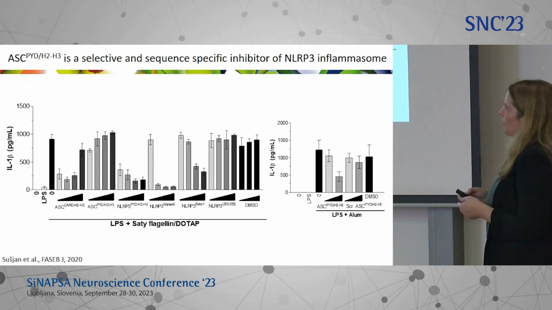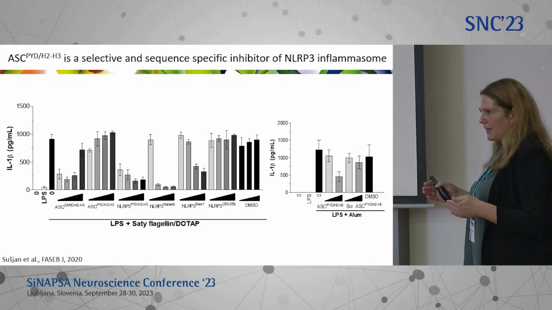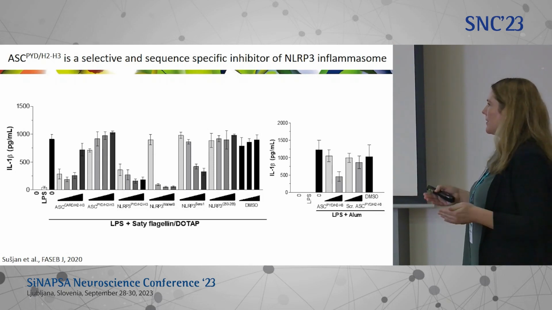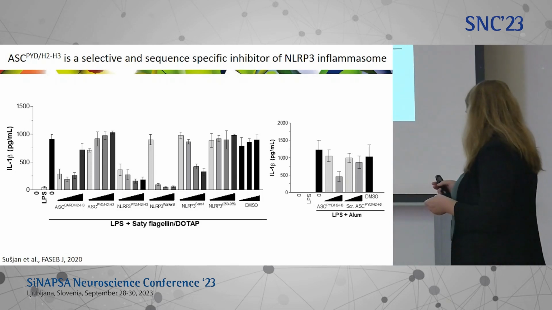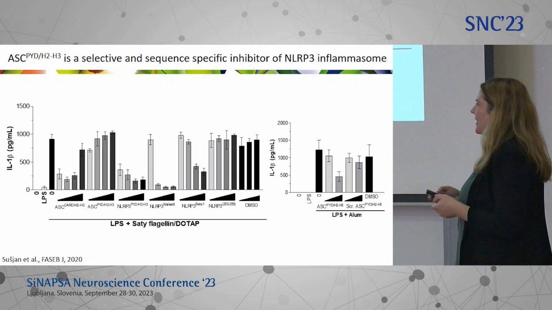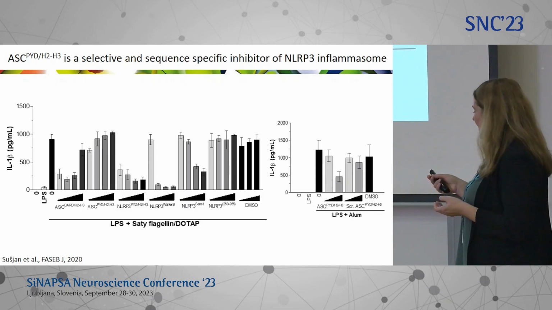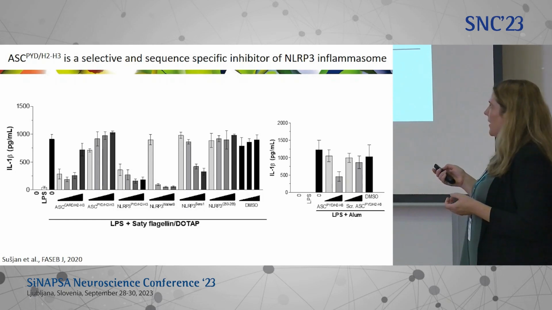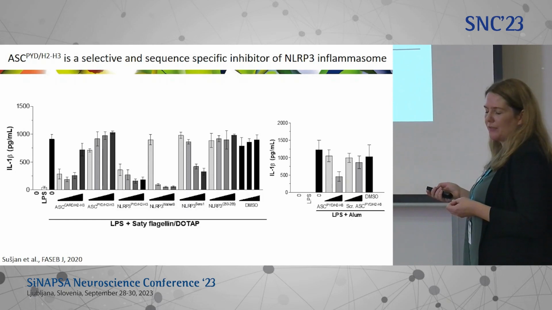Then, of course, for us, it was also important whether these peptides are specific for NLRP3, or they are maybe just broad inhibitors of IL-1 beta release. We were hoping that the peptides that originate in NLRP3 sequence would be specific. They were not, which was a surprise. So we tested 2 other inflammasomes. I'm showing NLRC4 inflammasome activation.